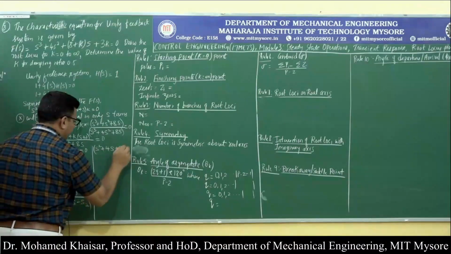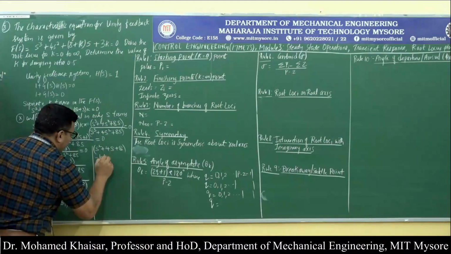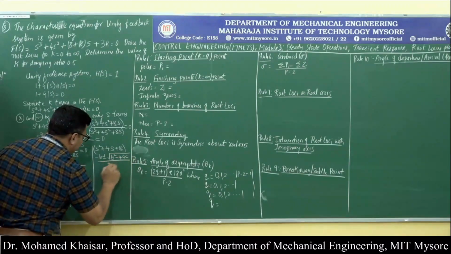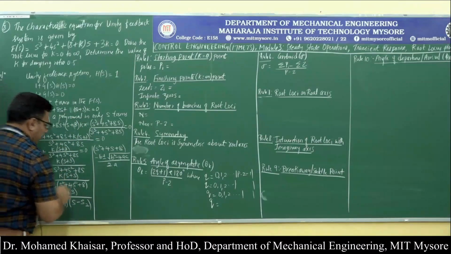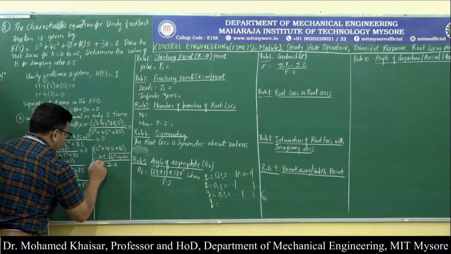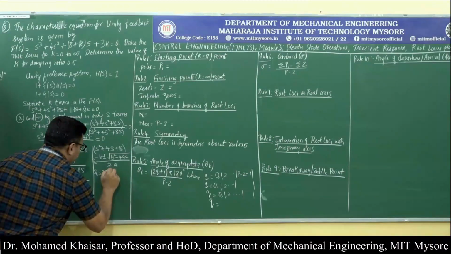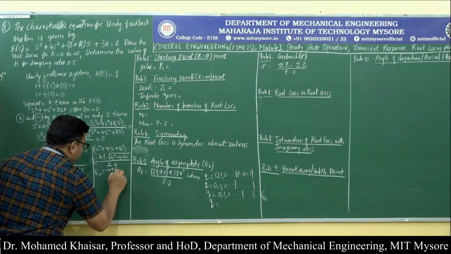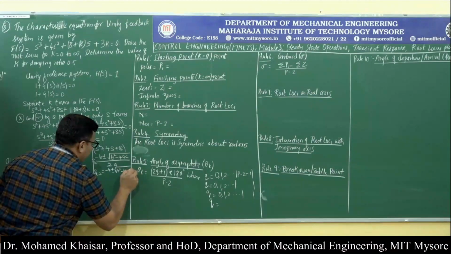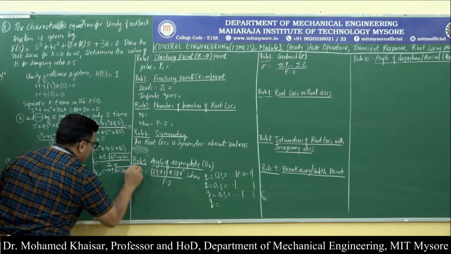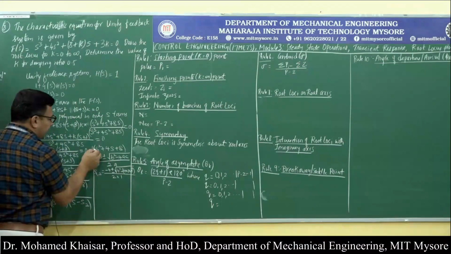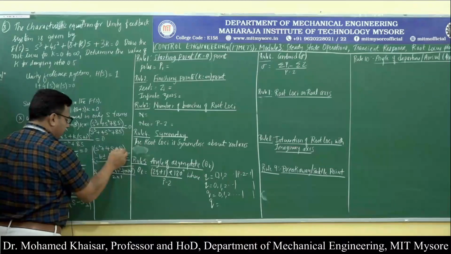If we apply the formula minus b plus or minus root of b square minus 4ac divided by 2a, then s1, s2 will be equal to minus 4 plus or minus root of 4 square minus 4 into 1 into 8, divided by 2 into 1, because a is 1, b is 4, c is 8.